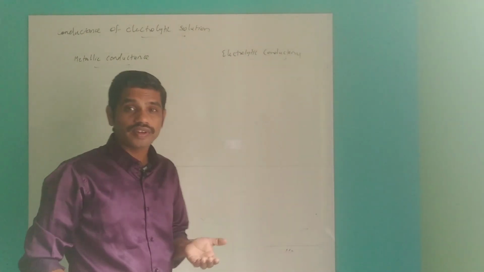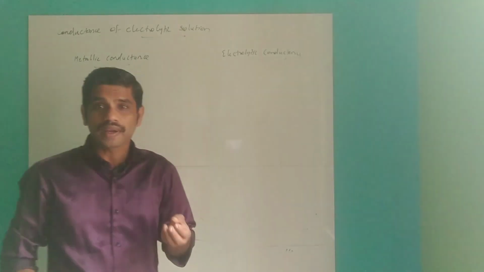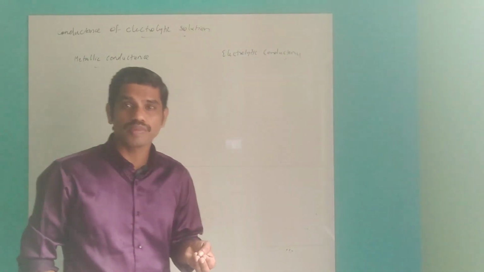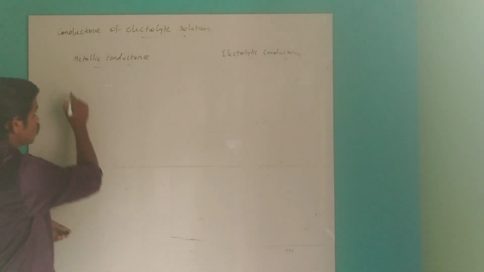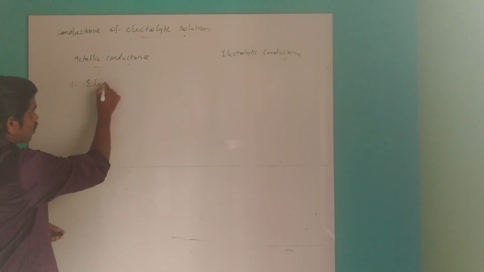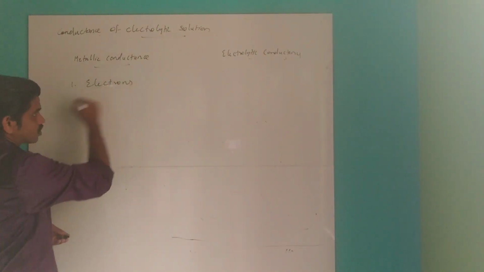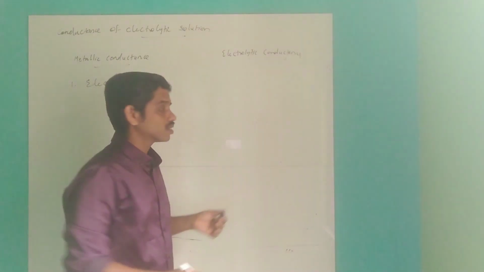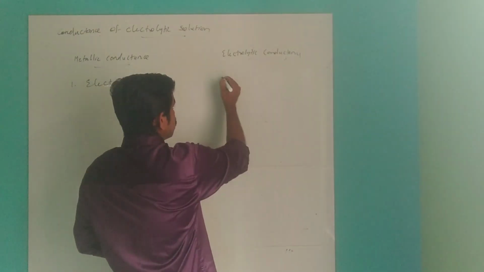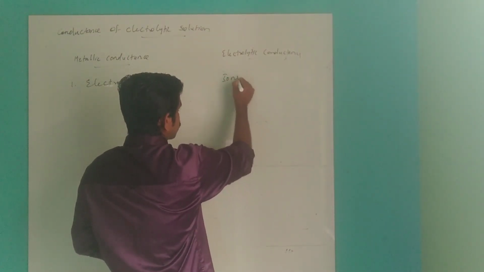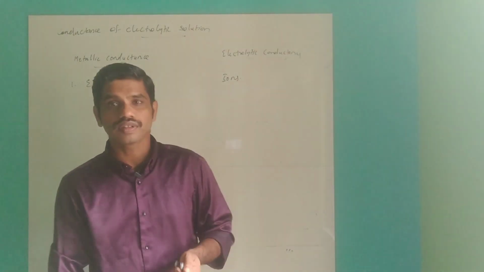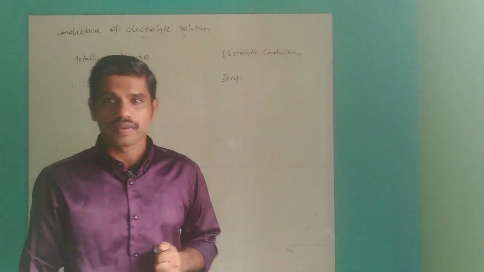In metallic conduction, electrons are the current carriers. But in electrolytic conductance, ions are conducting the current.